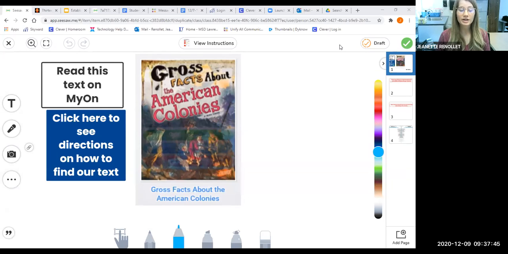Today, your independent work is to listen to this text on Mayan and learn all about what it was like to live in the colonies as a colonist. Remember, they were the founders. They were the first people to start establishing communities here. When you are done, you have three slides to complete.